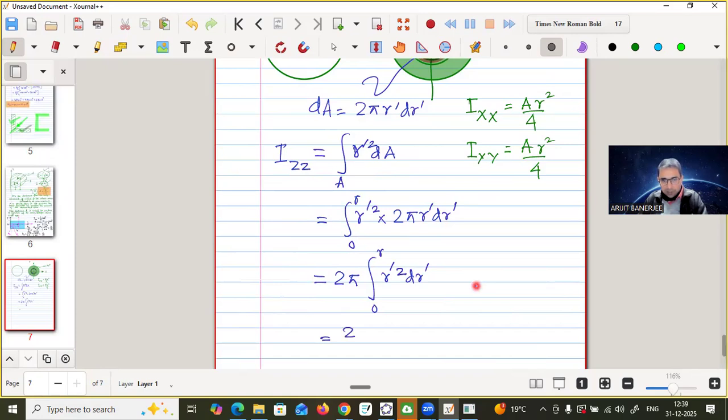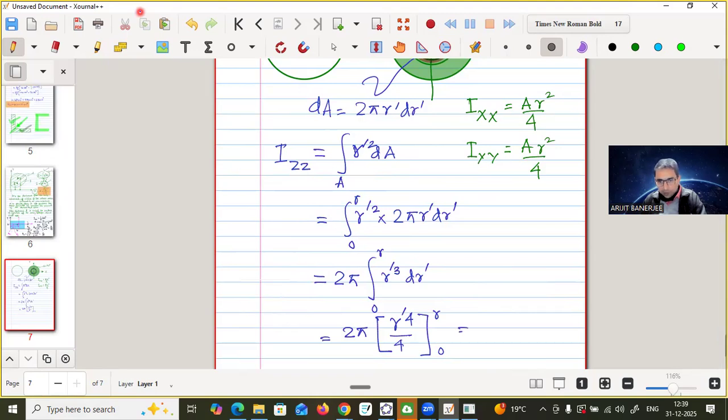So 2 pi, r prime cube, then r prime to the power 4 by 4, 0 to r.